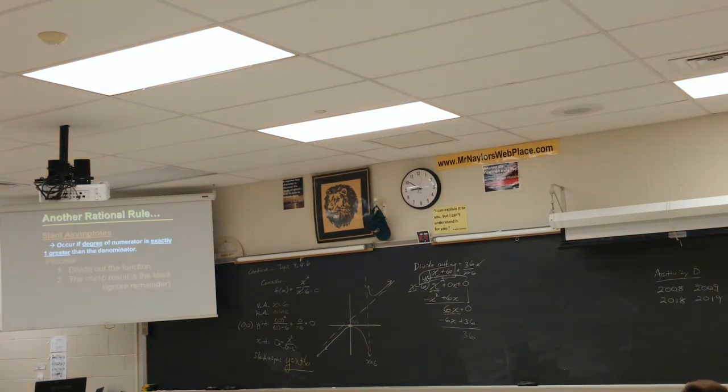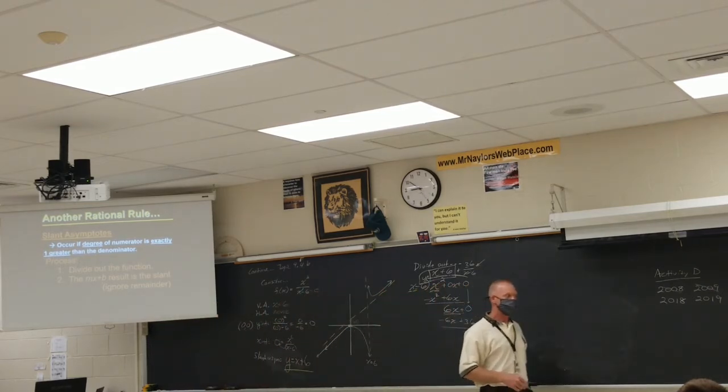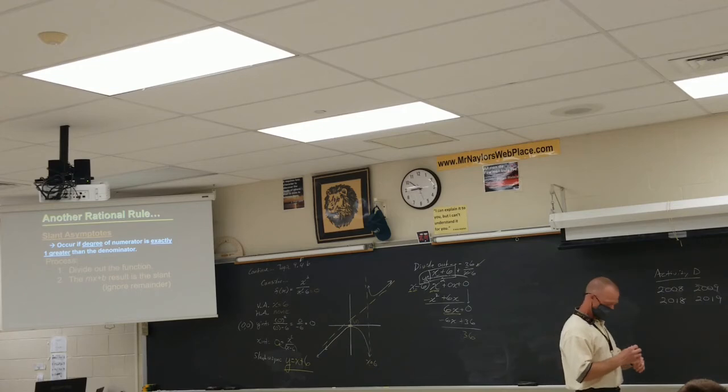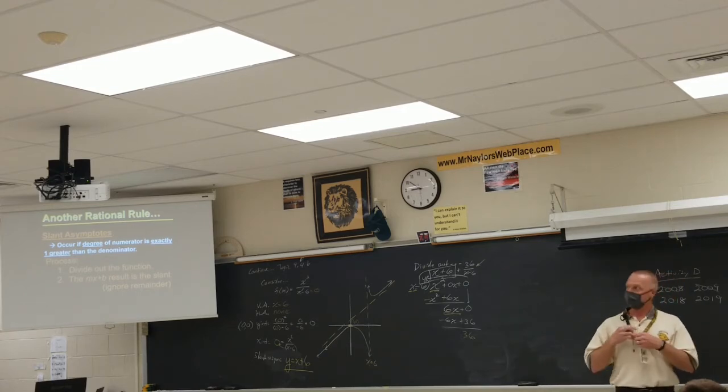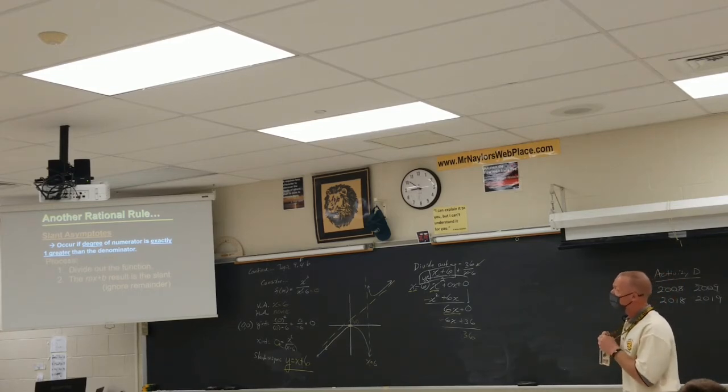Now this is happening because the exponents are such that the degree of the numerator is exactly 1 greater than the denominator. Hear me out on this. This is happening because the top is exactly 1 greater than the bottom. Now, if the top is exactly 1 greater than the bottom, you're going to get a slant asymptote.